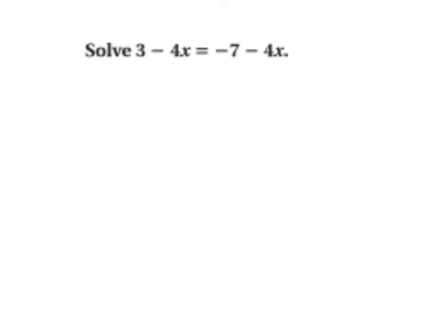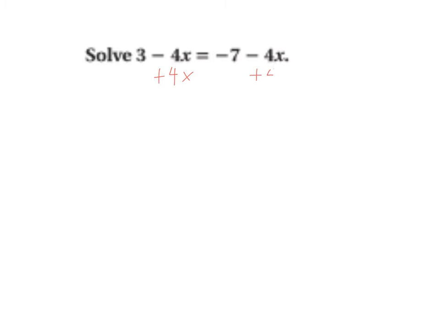So now this example is in your notebook, so if you want to follow along in your notebook, you can. But the first thing I want to do is try and get my variables on the same side. So let's say I decide I'm going to add 4x to both sides. There goes that, there goes that.